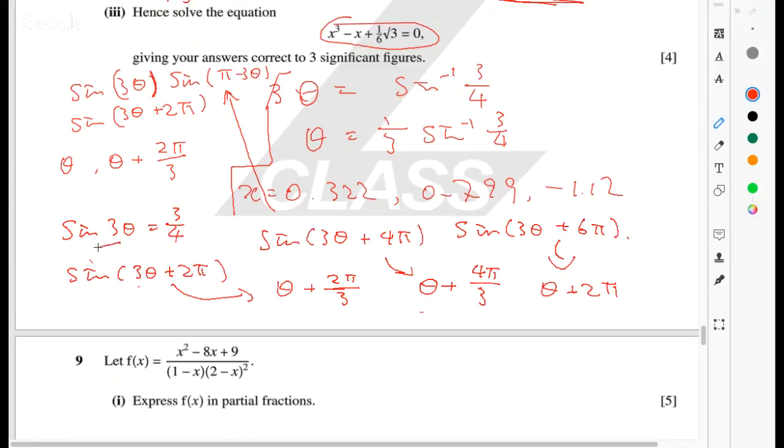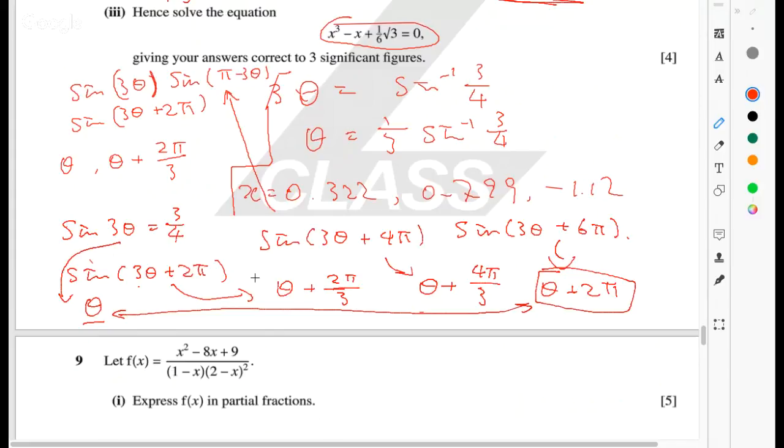And obviously we have the original value of theta. And we know that theta plus 2 pi over 3 and theta plus 4 pi over 3 give you different signs. But this one here, theta plus 2 pi, when you take the sine of that, it gives you the same value as the original theta.